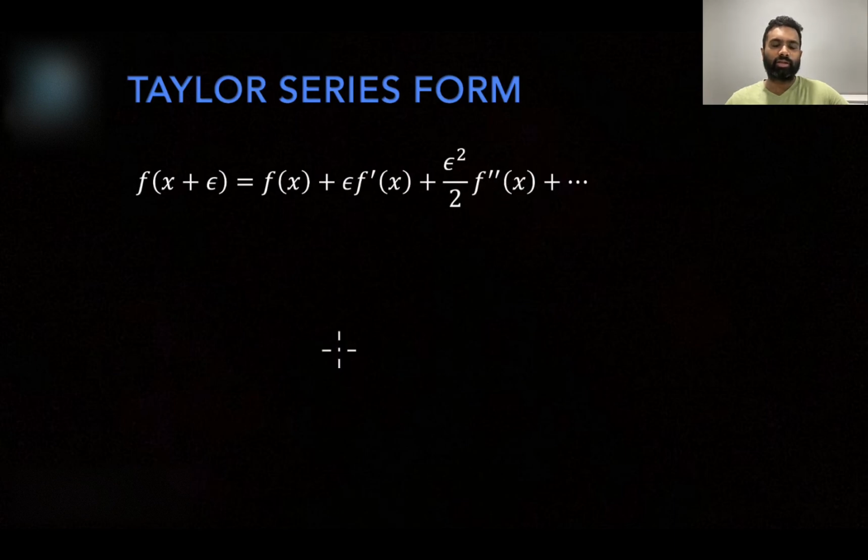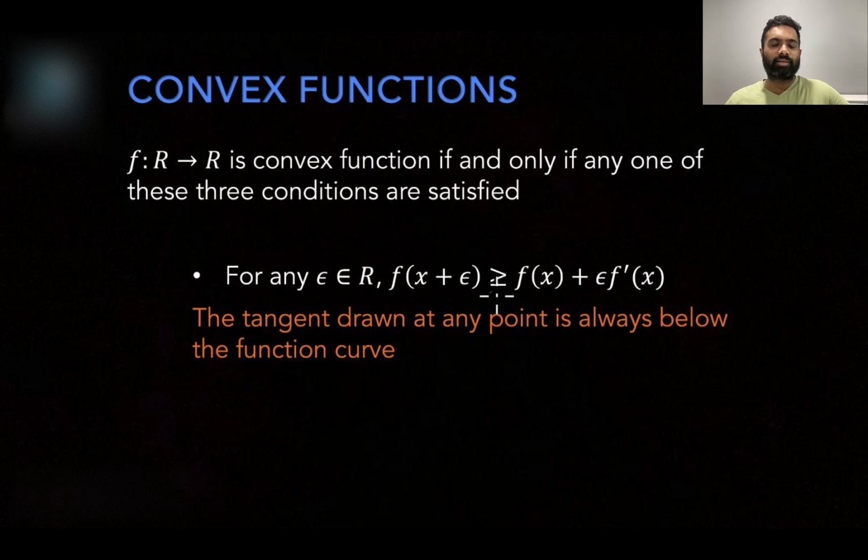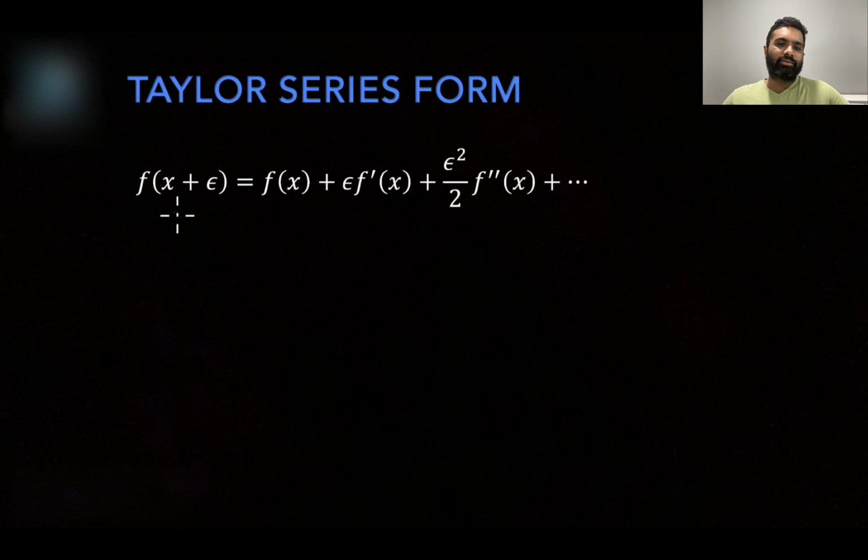All these terms you will get, and the property says that f of x plus epsilon will always be greater or equal to f of x plus epsilon times f prime x.